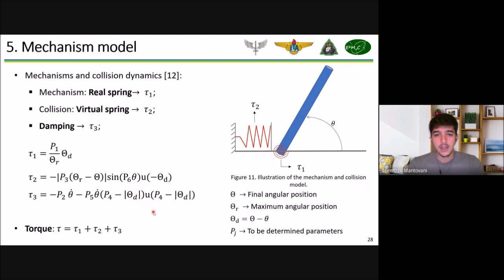So it's basically used to reduce undesired oscillations in our simulation model. The final torque is the sum of these three distinct torques. Well, we still need to find some parameters: the final angular position of this boom, the maximum angular position, and some p parameters. These first two we can obtain easily with our experimental results, but these p parameters are not so easily obtained.